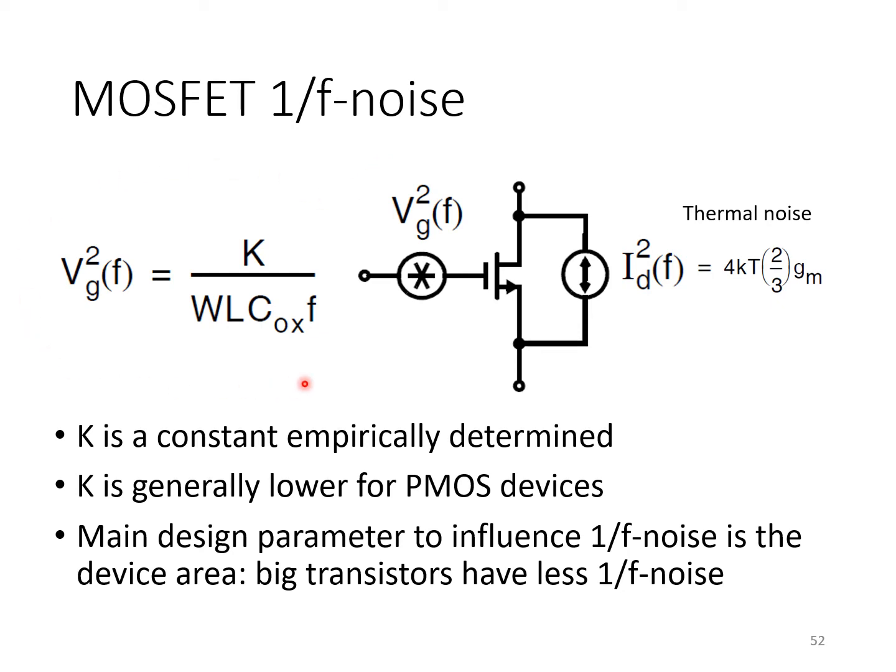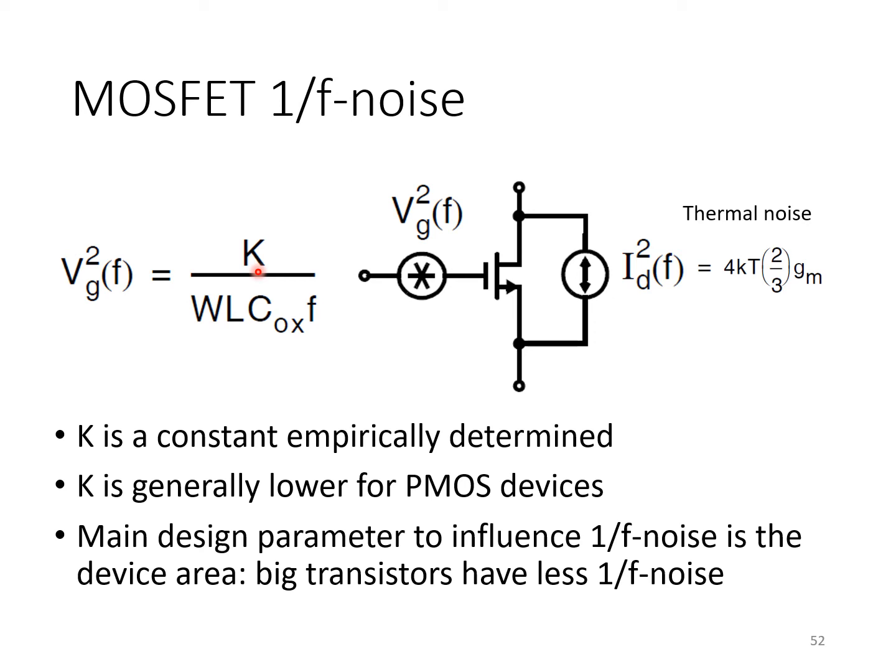So the way we model this noise source is by including a noisy voltage source in series with the gate whose power spectral density is given by K. This is an uppercase K, not Boltzmann's constant. It's purely a flicker noise constant that is technology dependent and in general will be different for the NMOS and PMOS transistors in a given technology.